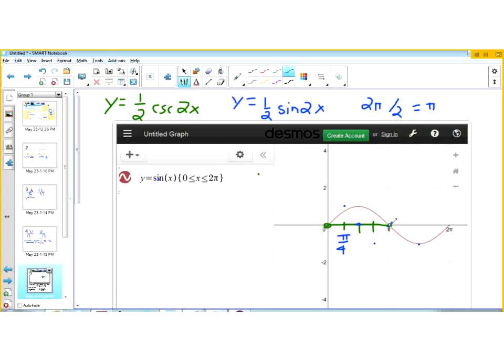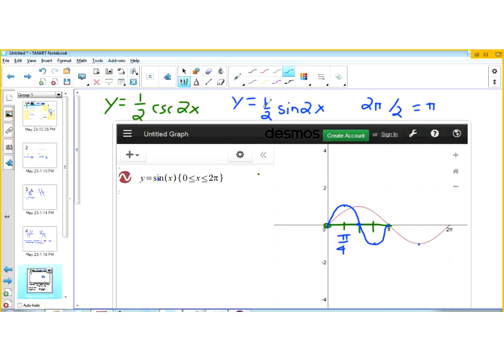And at the end of the interval of sine x, the output is 0. So at the end of the interval of sine 2x, the output should be 0. So here is the graph over one period of sine 2x, as shown in blue.